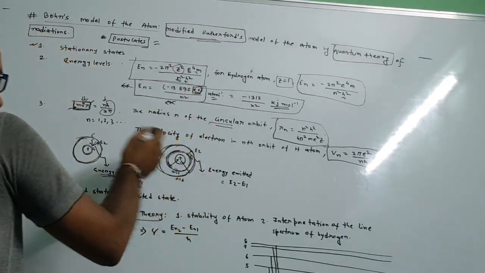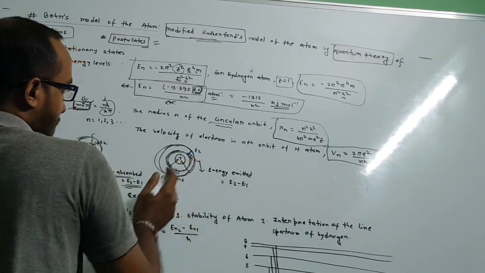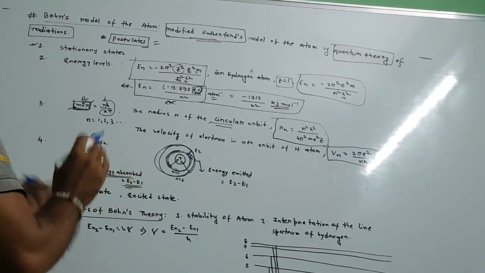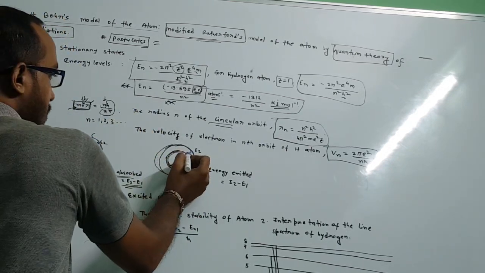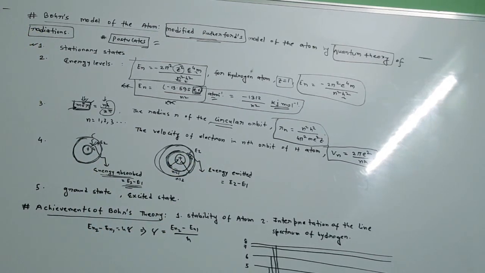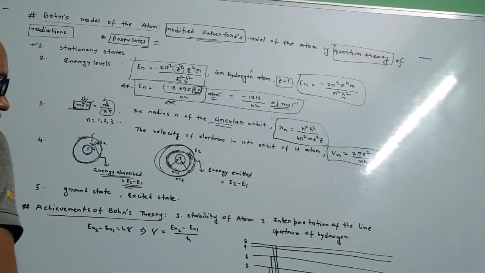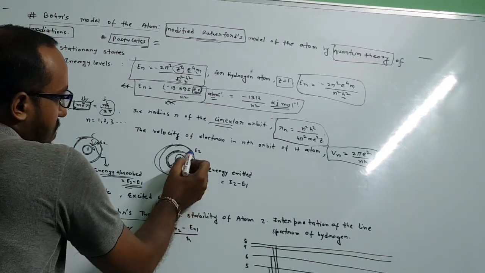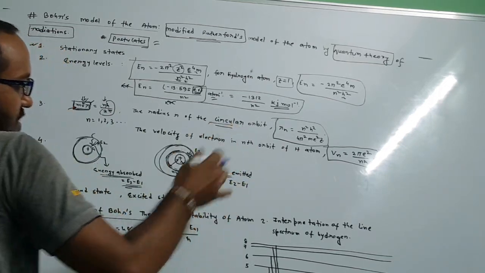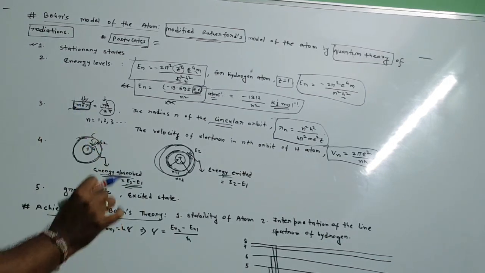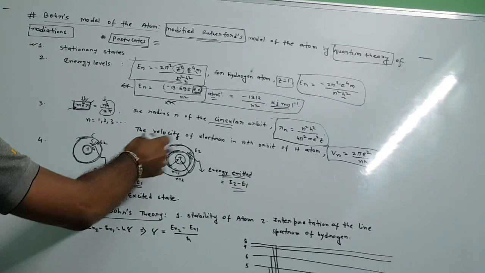When it has gone to its excited state, the E2 state, we know that in the higher orbit energy is more, which means the electron is less stable. So for stability, it will return to its original position or stationary state, the ground state. E1 is the ground state of the electron. When it moves back to its original position, it will radiate energy of a particular frequency or wavelength, and that energy emitted is given by E2 minus E1.